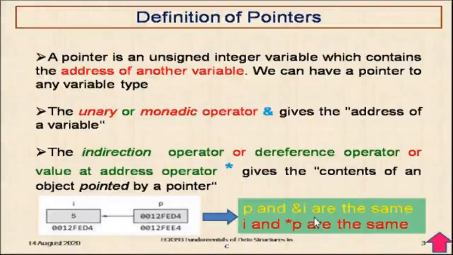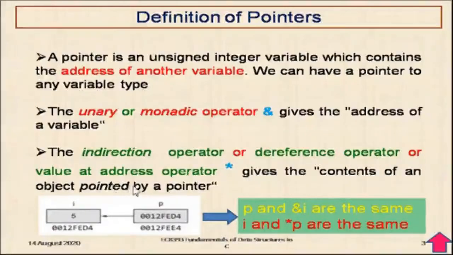Following? Then variable I is equal to what? 5. Right. Now I want to get the value 5 without using the variable I. Rather, I would like to access the value with the help of the address. Then we can use the star operator. Star operator is what?